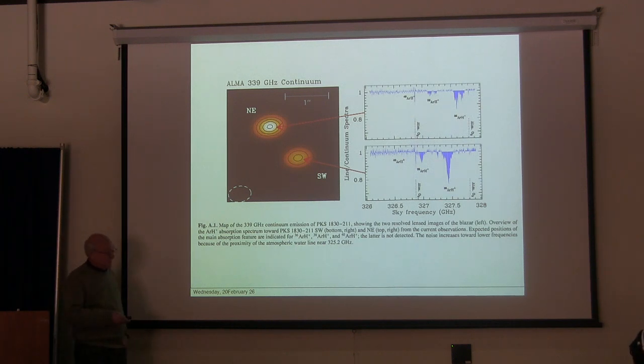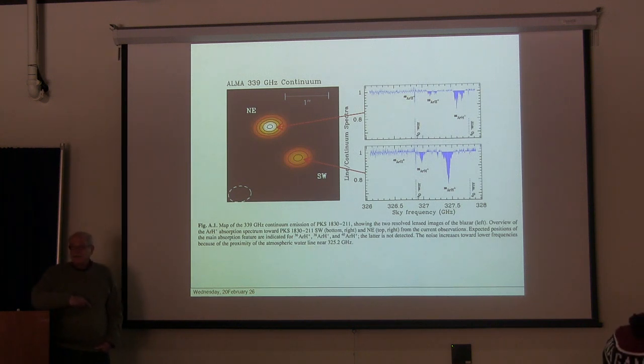In this case, again, this is one of these sources where the foreground absorbing galaxy actually produces a gravitational lens that makes multiple images of the background source. And that's what we see here. There's a northeast component and a southwest component separated by approximately 1 arcsecond.